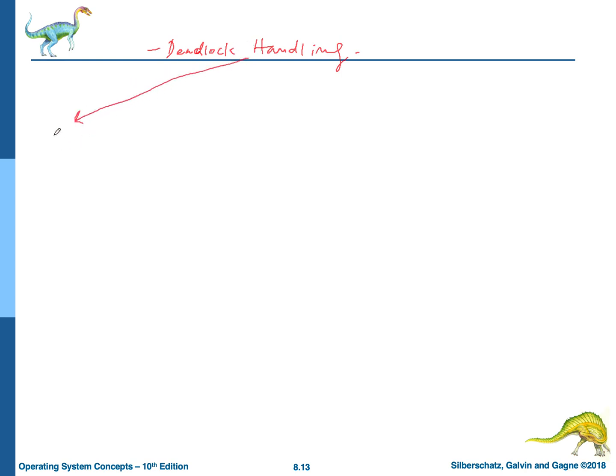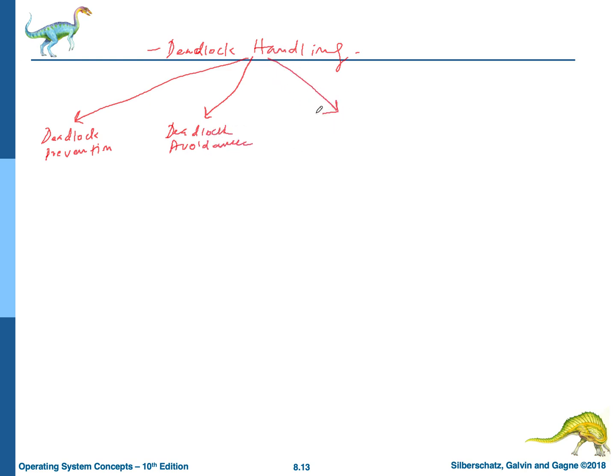Number 1 is deadlock prevention, right? Number 2 is deadlock avoidance.